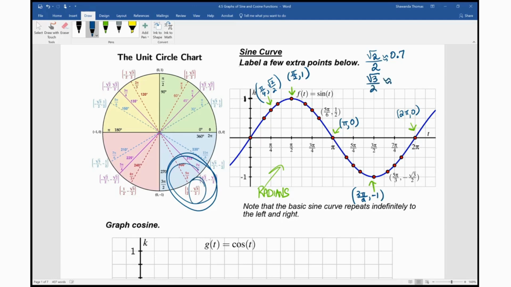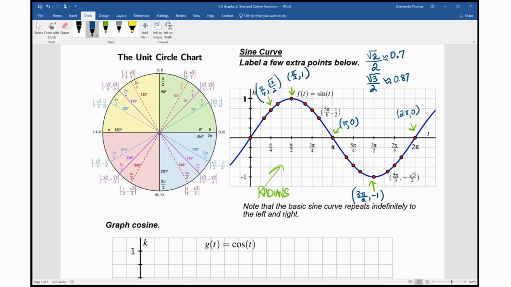Approximately. Give me two decimal places for that one. 0.87. Yep. So square root of 3 over 2, that's about right.